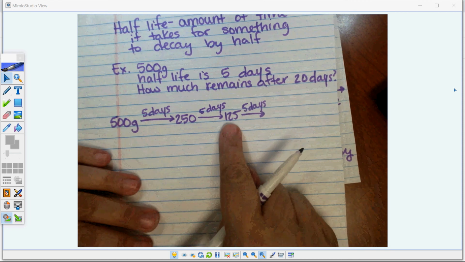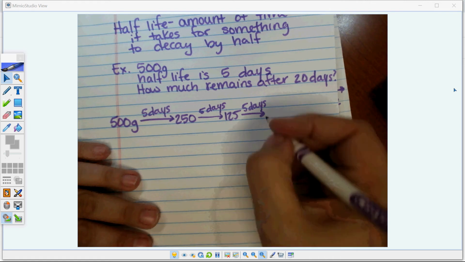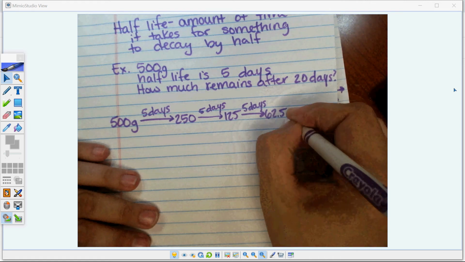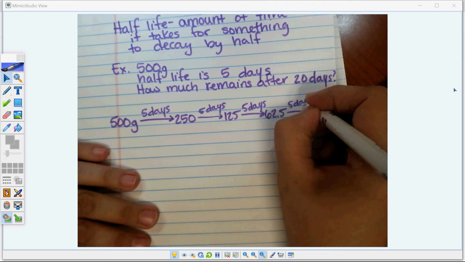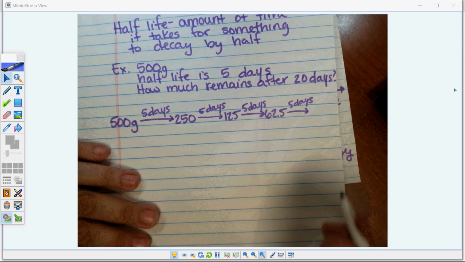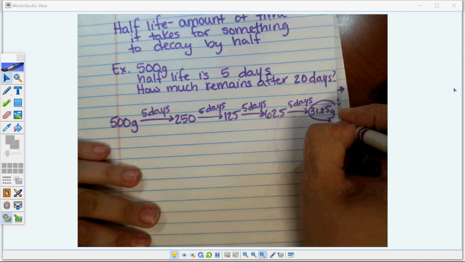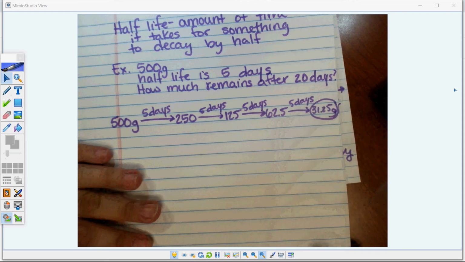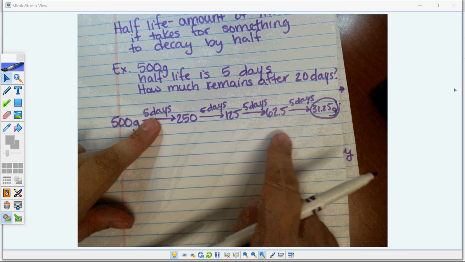That 125 decays, what is half of 125? To 62.5. And then we undergo one more half-life because we want to go a full 20 days. So then half of 62.5 is 31.25. So that answers the question. That is how much is left after 20 days if each half-life is 5 days long.